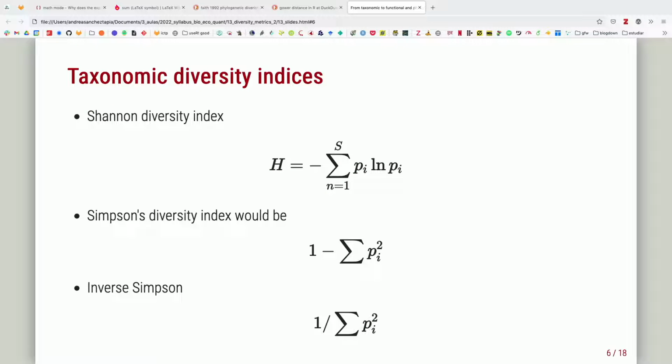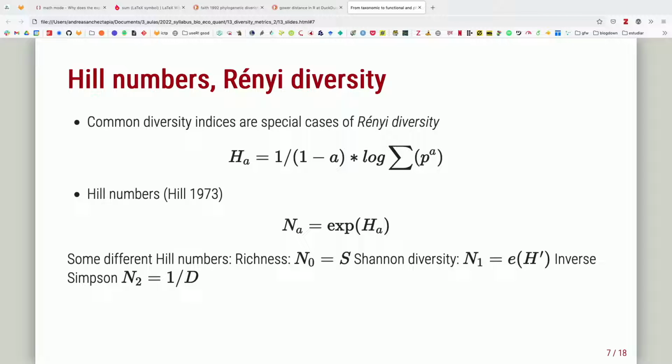So we had this last time, and one thing that happens with taxonomical diversity indexes is that, in 1973, there had been lots of indexes in history, and one of the proposers of one index was Renyi.